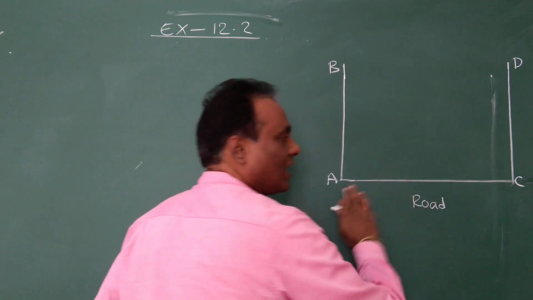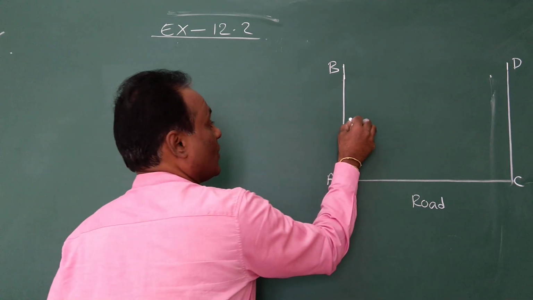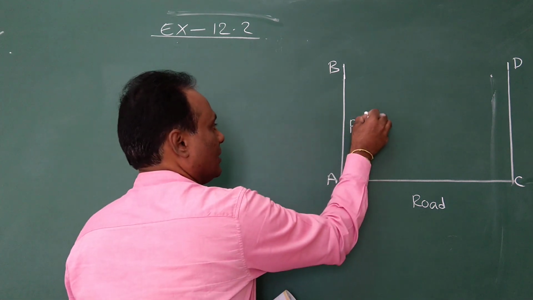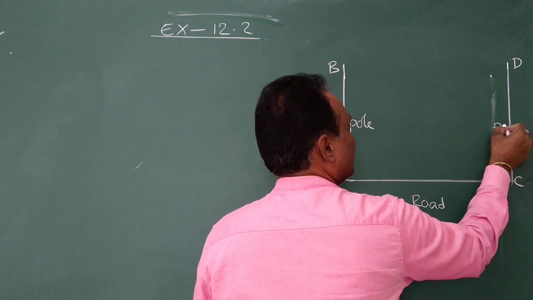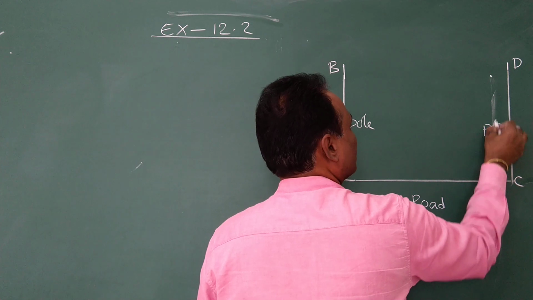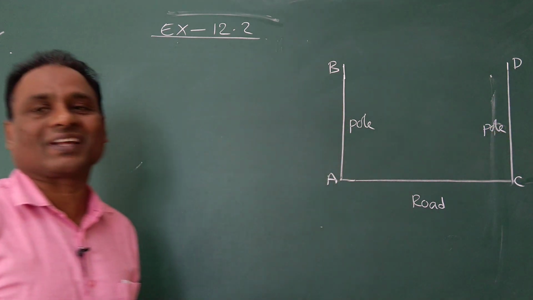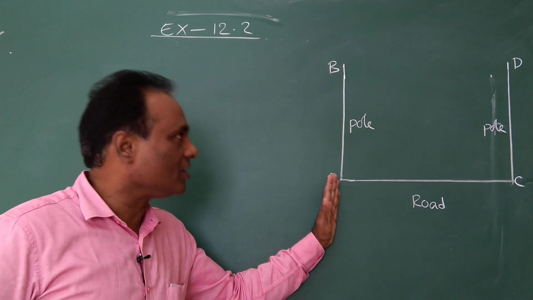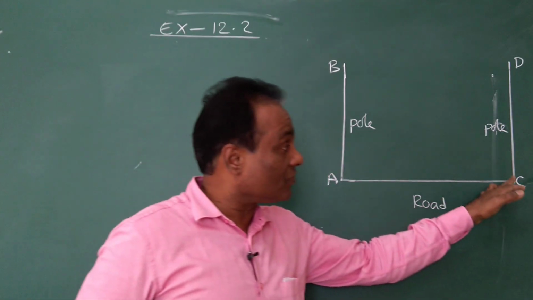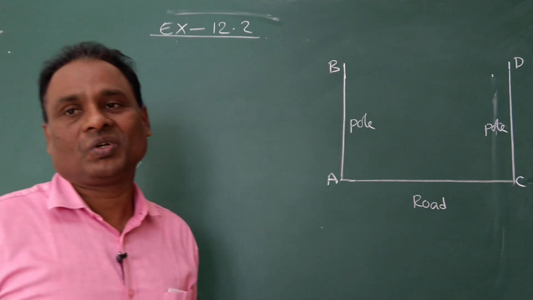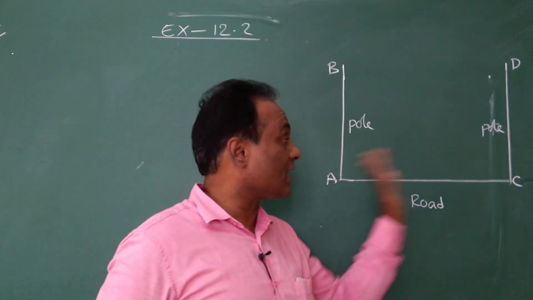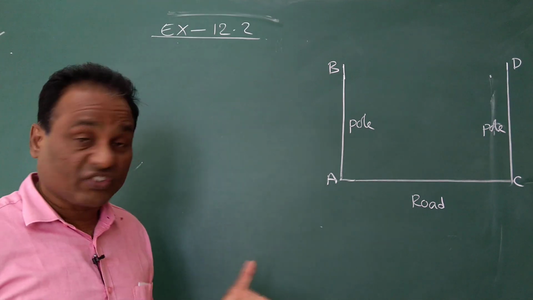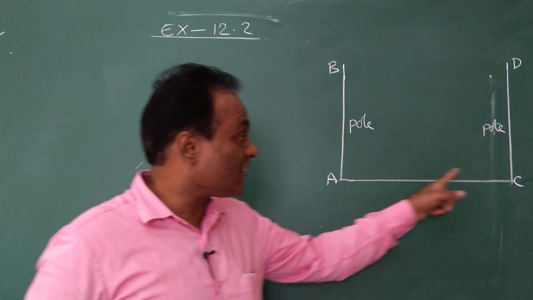On one side there is one pole. This is one pole, this is another pole. Two poles are standing on opposite sides of the road. One side of the road, one pole. Another side of the road, another pole. Which is the road here? AC is the road.